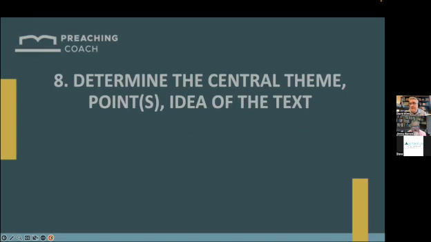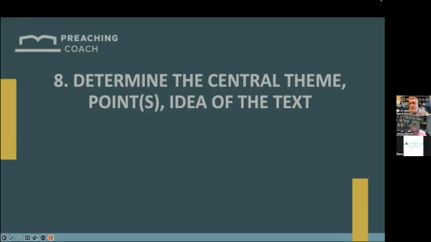Well, the answer to that question is found in the single independent clause, independent sentence. That's the imperative: let us run with endurance the race that is set before us. The author is using the long-distance race as a metaphor for enduring in the Christian life. That is the central idea.